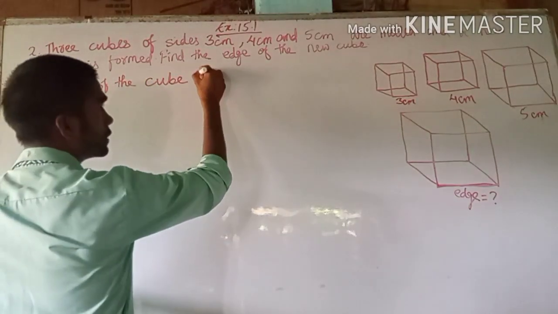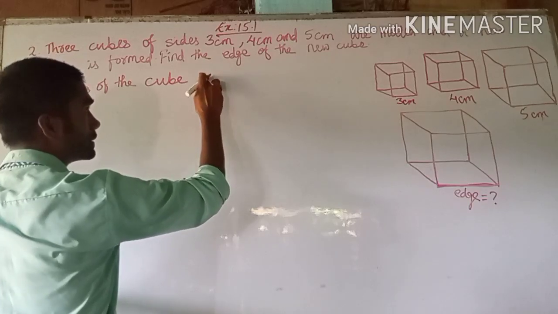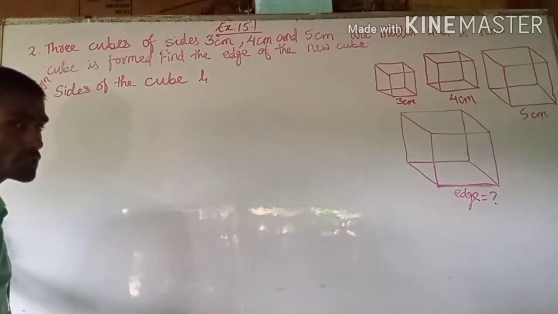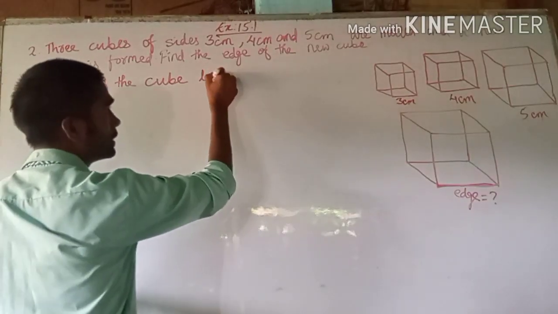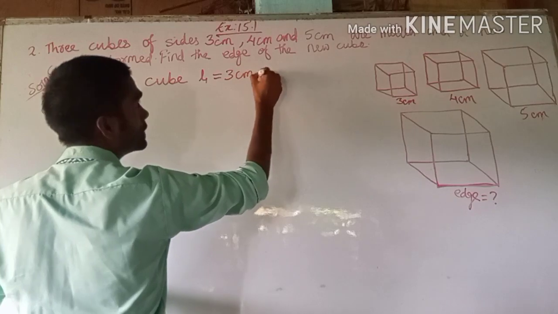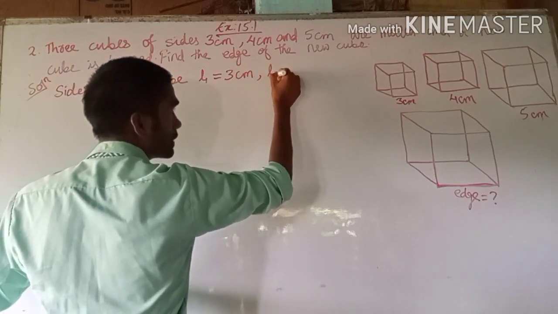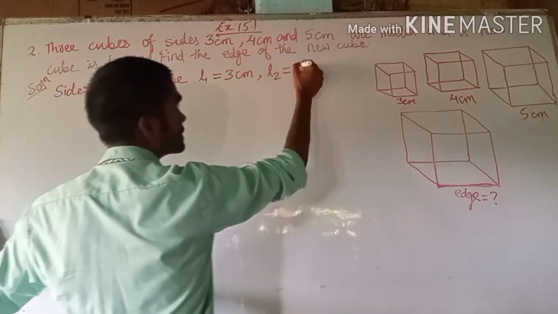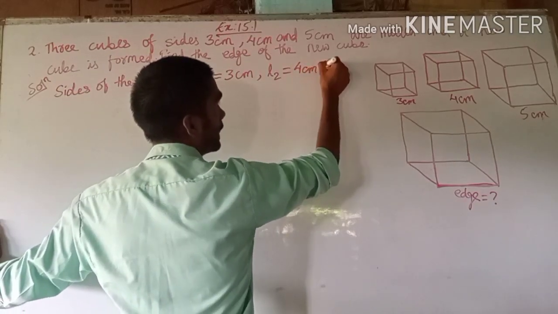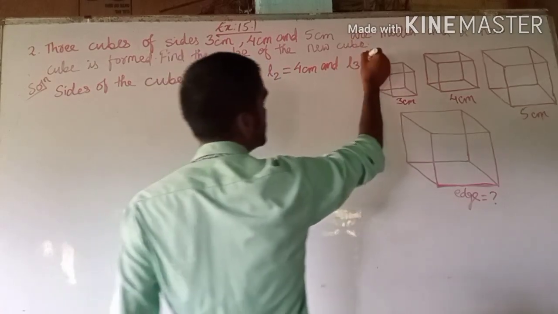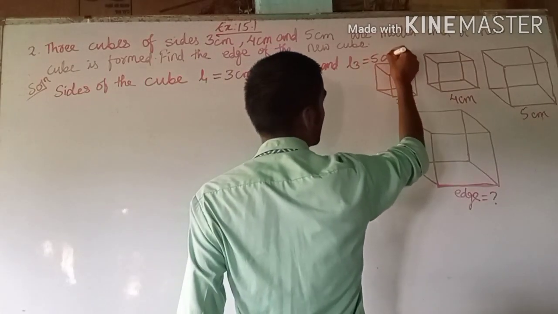So let us take the sides of the cubes as given: for the first one, L1 equals 3 centimeter, the second one L2 equals 4 centimeter, and L3 equals 5 centimeter.